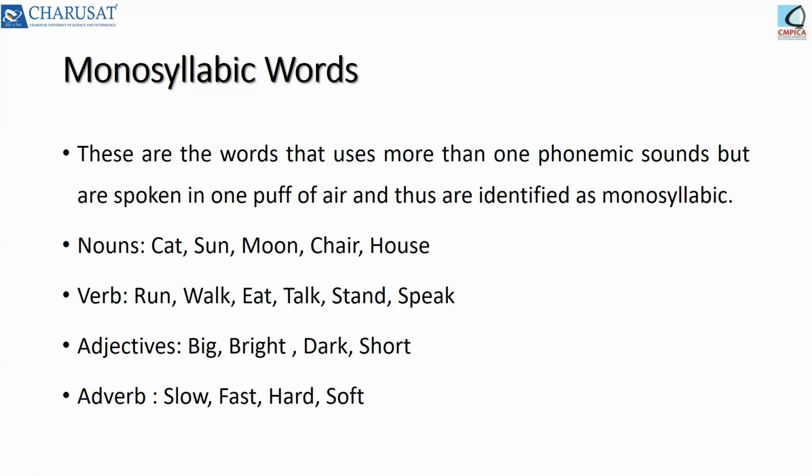So ka, ch: these three phonemic sounds clubbed together as one word, and the stress is only one, because when you say cat, you do not take a pause while speaking the word. You do not take a pause while speaking the word sun. Whenever I talk about a pause, it is very quick.